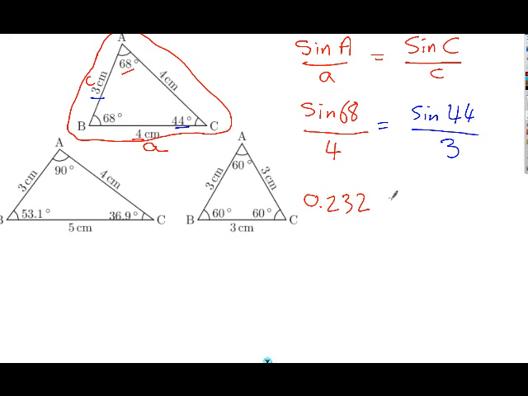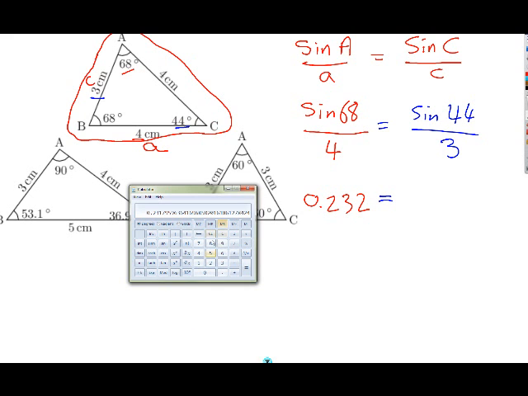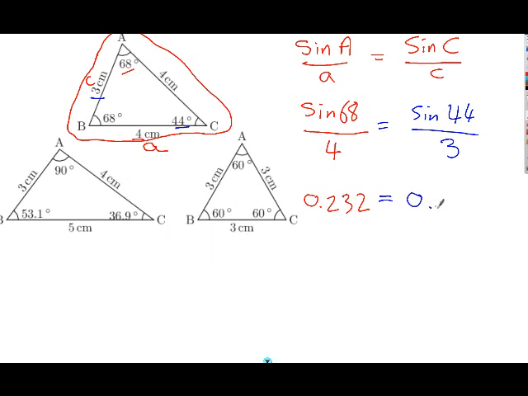And now I'm going to do the same thing for angle C and side C. Sine 44, divide that by 3, and I get 0.232. So those two numbers were exactly the same.